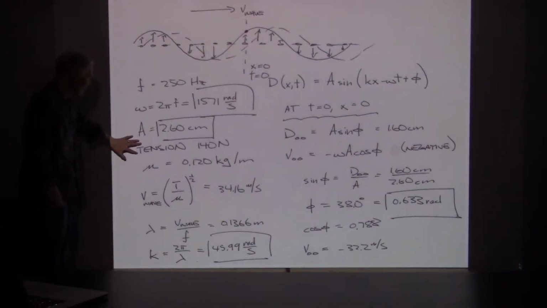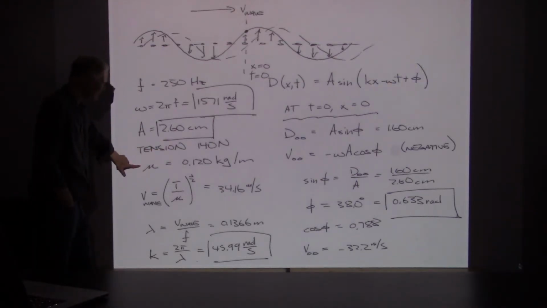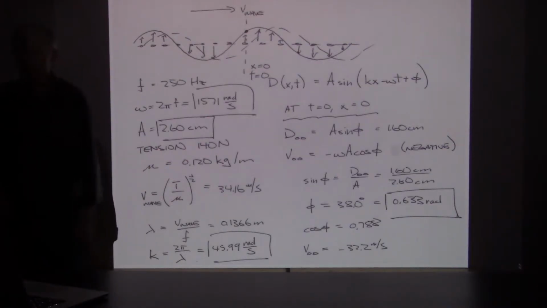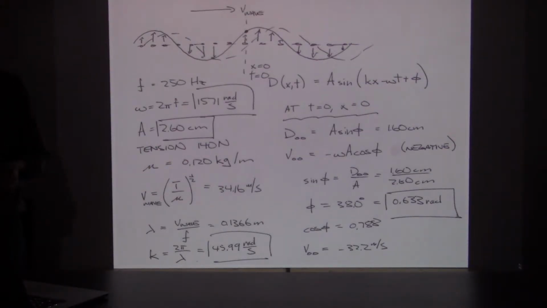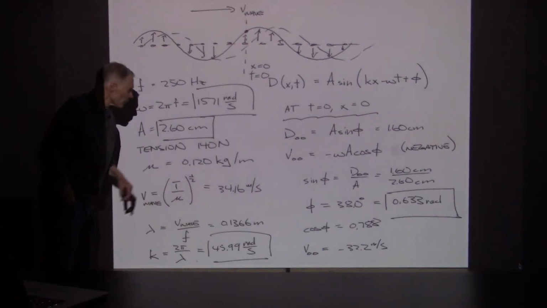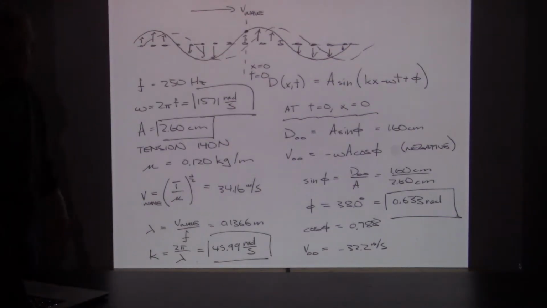It says that the tension is 140 newtons and the linear mass density is 0.120 kilograms per meter. You know what I could use those for, right? Combining the tension and the linear mass density, with a square root, the speed of the wave comes out to be 34.16 meters per second.